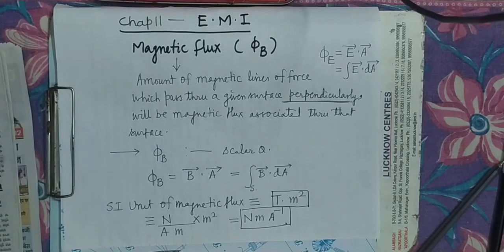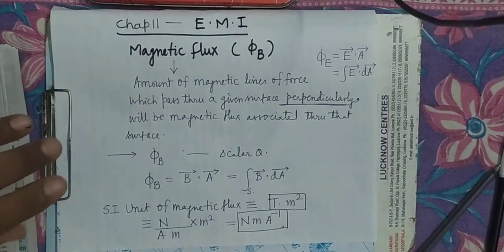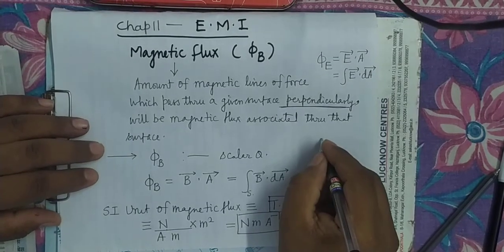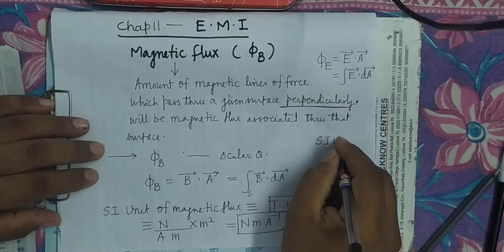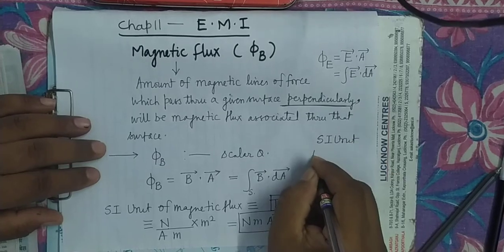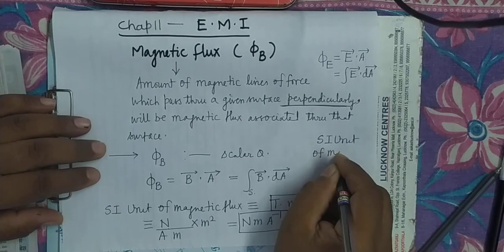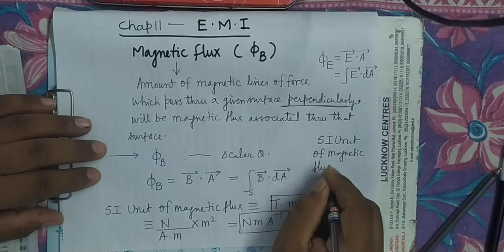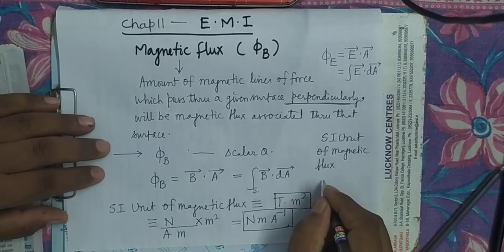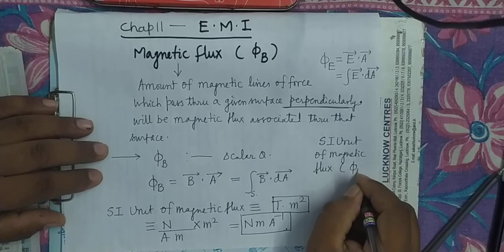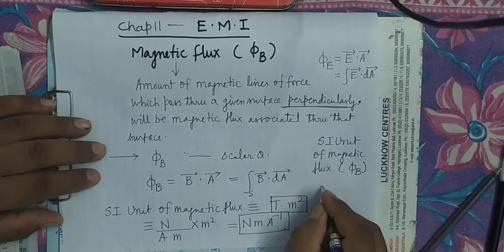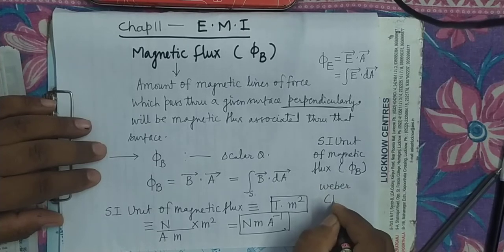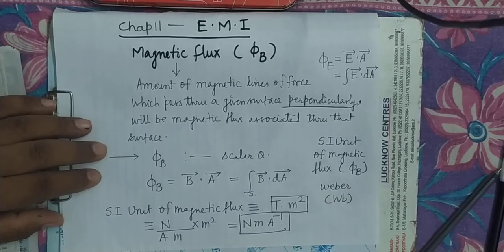Now there is one more unit of magnetic flux, the SI unit of phi B. It is denoted by which symbol? It is Weber. In short, we can write 1 Wb.